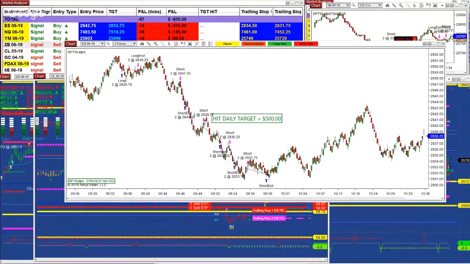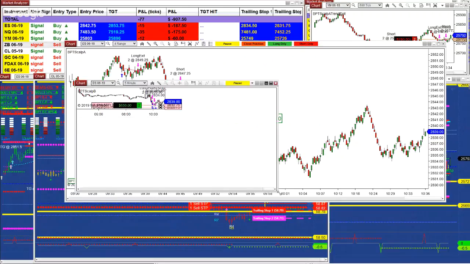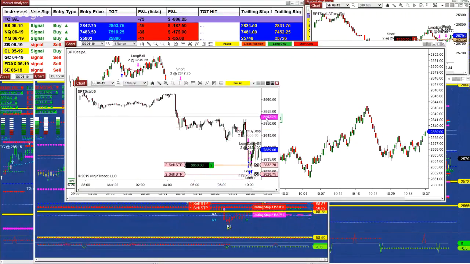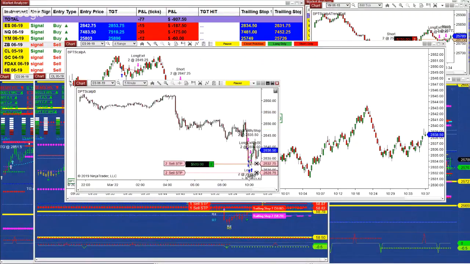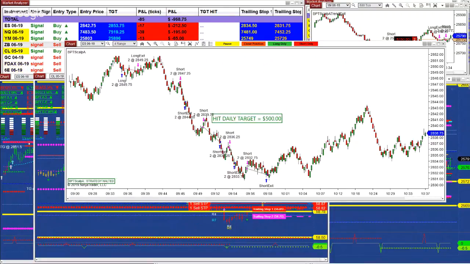For the B scalper, also for the 5 minutes market order, nailing 650 on that trade. Those are scalpers. Yes, when the market is running, they stay on as well.